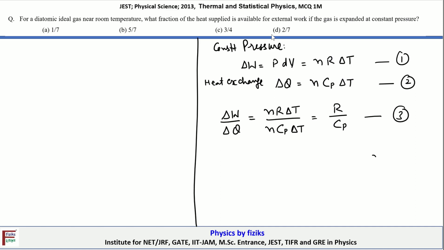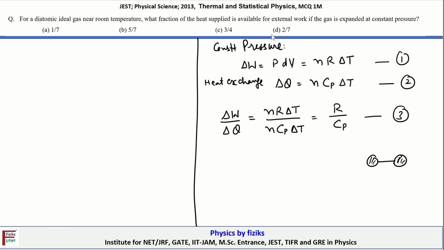So now we are given a diatomic gas molecule, so we must have an idea about the Cp for the diatomic gas molecule. We can evaluate this by recalling the idea of degrees of freedom.